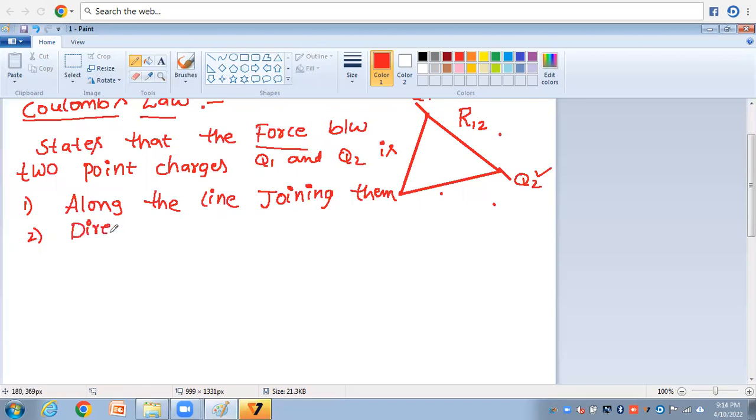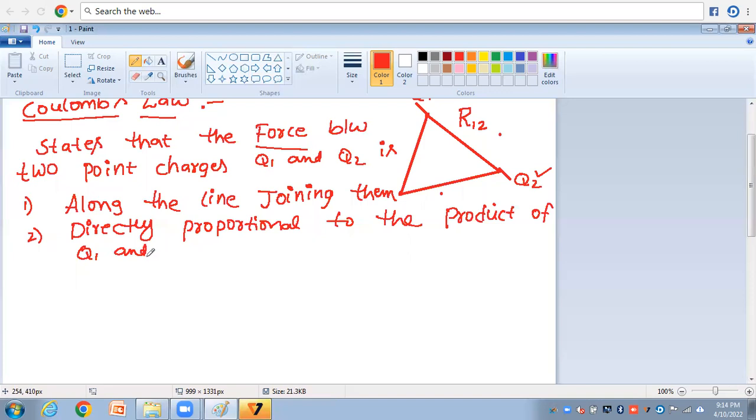Listen carefully, the force is directly proportional to the product of Q1 and Q2 of the charges.